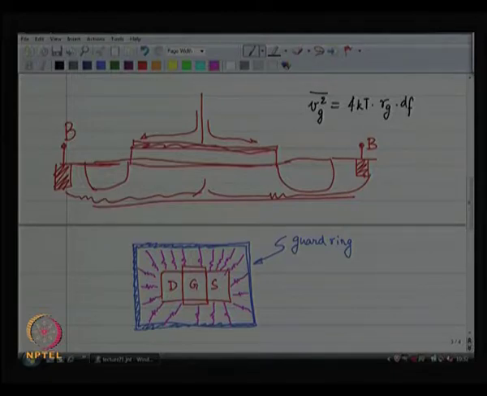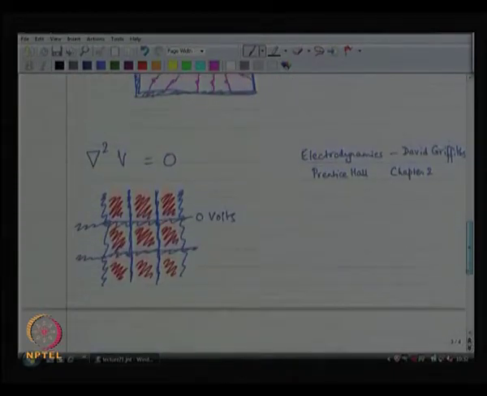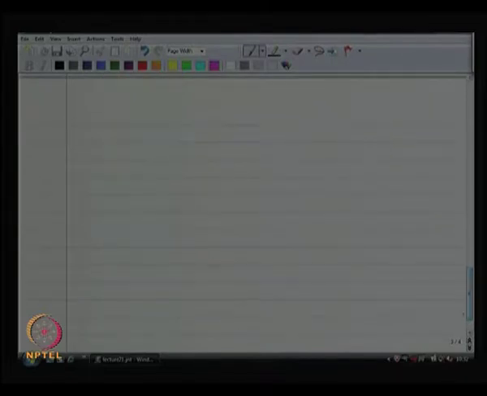Surprise, we will have a noise voltage, right.